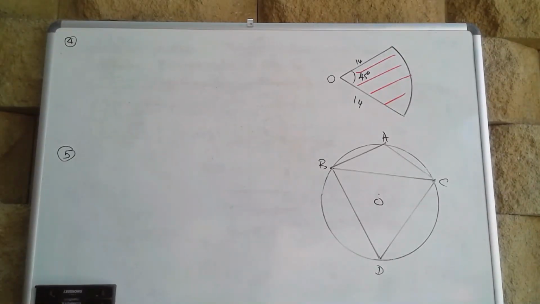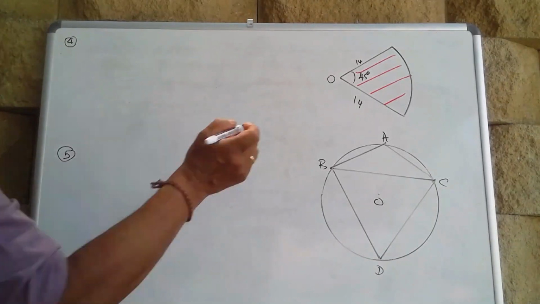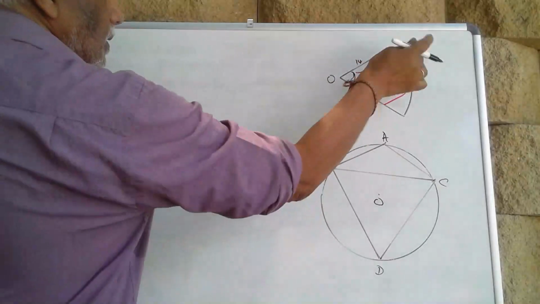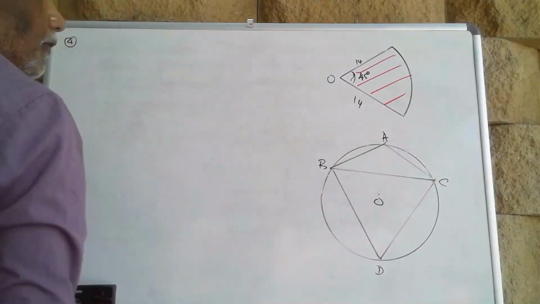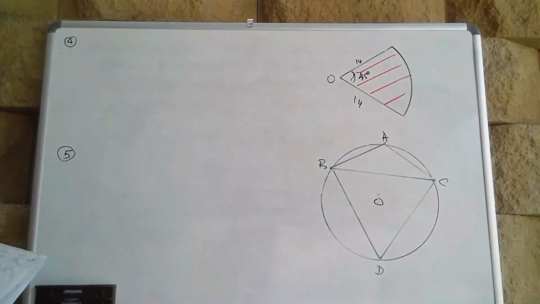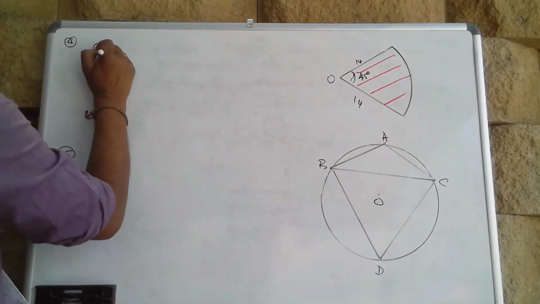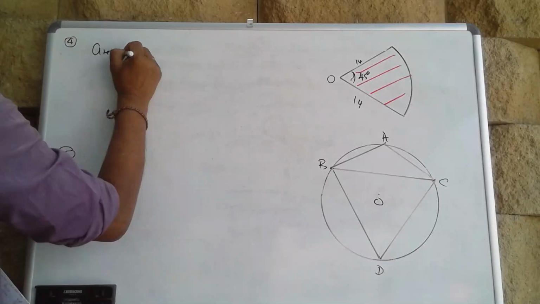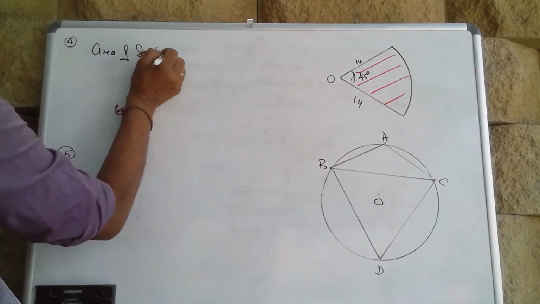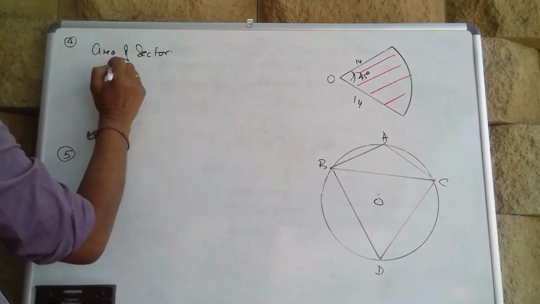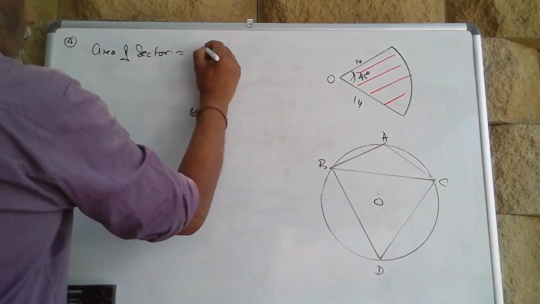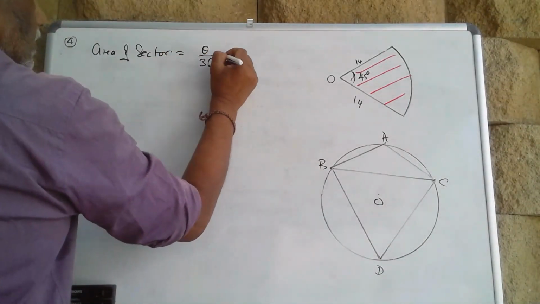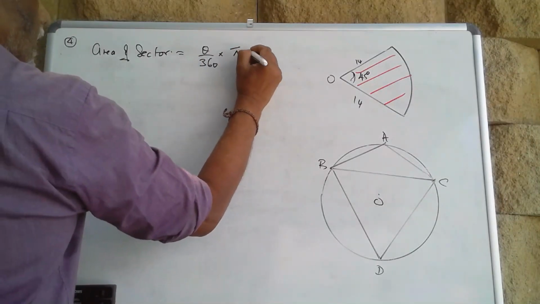Question number 4. A sector with central angle 45 degrees here, and that's a sector. So radius is 14. They want to find the area of the sector. So sector area, we can call it, formula theta over 360 degrees multiplied by pi r squared.